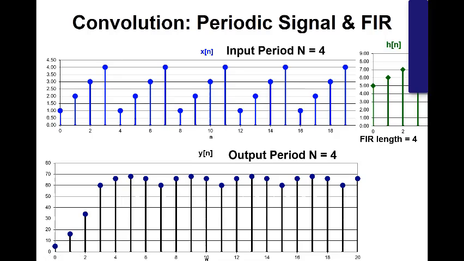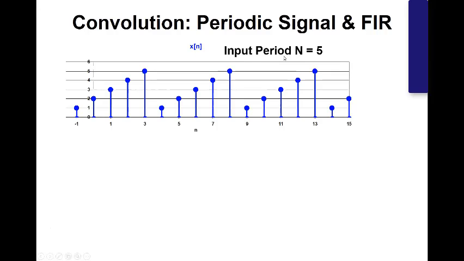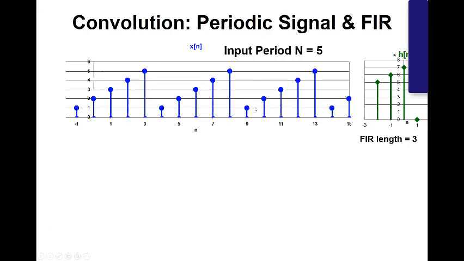Okay, so far in the first two examples, we had the same input period or input frequency. I changed the length of the unit sample response. What if I do change the input signal's frequency? So now it's a repeat pattern of length 5, 1, 2, 3, 4, 5, then 1, 2, 3, 4, 5, and convolve that back with my original h of n that had a length of 3.